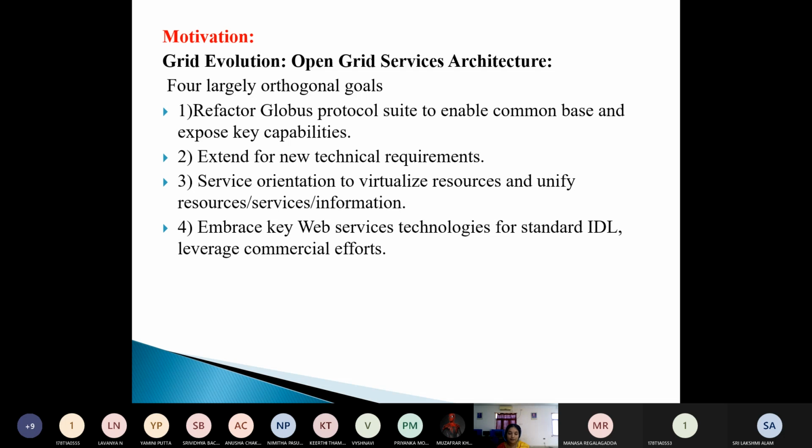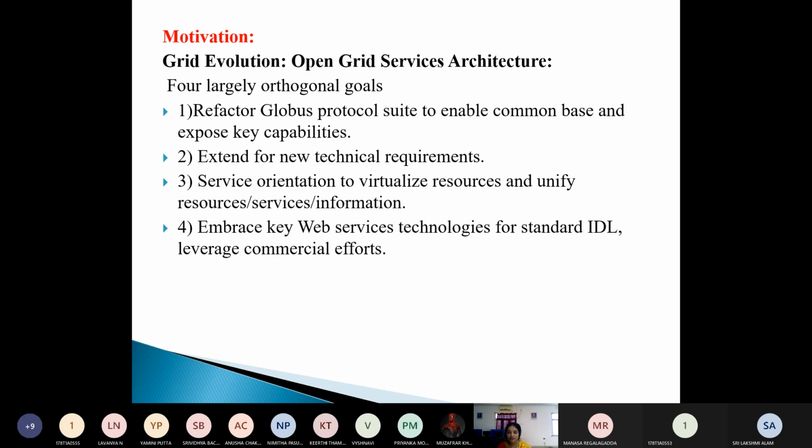The third goal is to publish the interfaces in order to provide interoperability of diverse resources. It defines open published interfaces for the interoperability of diverse resources. Next, it extends to new technical requirements: refactor Globus protocol suite for a common base and expose key capabilities. These are the four orthogonal goals.